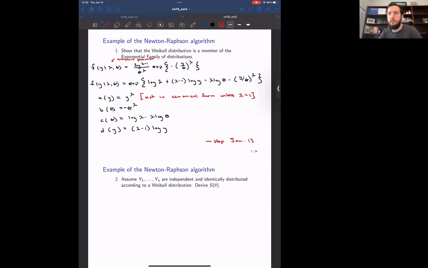You'd have the expected value of y to the 1, so the expected value of y would be the mean. Then you'd have the expected value of y to the 2, but you would still need to work out what the expected value of y to the lambda is in general. You'd have to take the integral like y squared. It wouldn't really be a faster way of doing it.